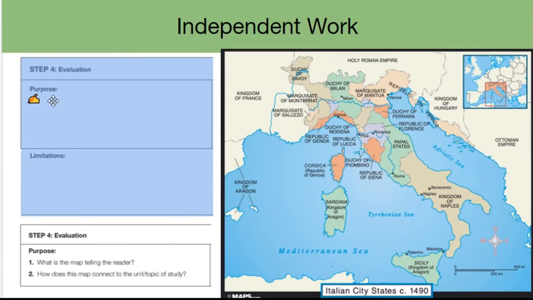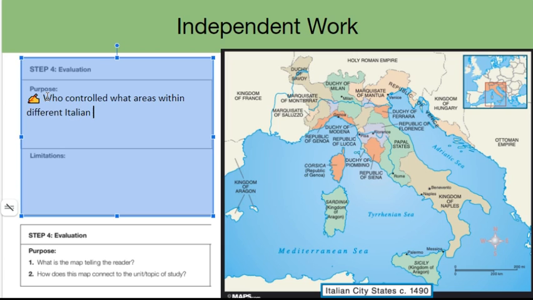Now, our next step, the purpose. Why did they give you this map? What is this map telling the reader? I kind of said it already, but it's who controlled what areas within different Italian states. And how did this map connect to the topic of study?